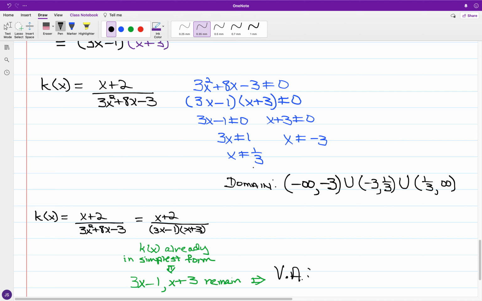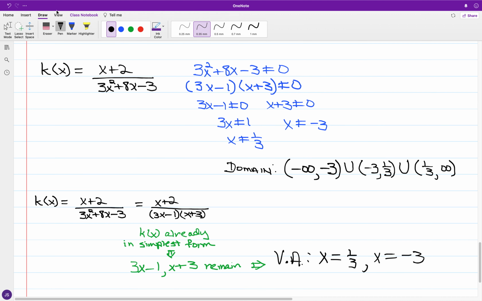So with these, you have x equal to 1/3, as well as x equal to negative 3. So not one but two vertical asymptotes.